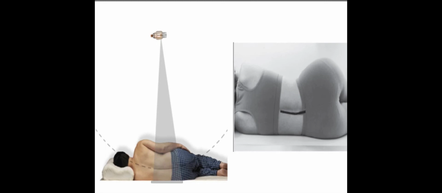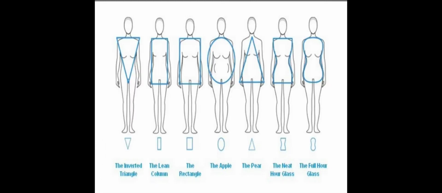This often occurs with a patient who has an inverted triangle shape, that is broad shoulders and narrow hips, or wide hips and narrow shoulders. We have apple, rectangle, lean column, neat hourglass, and full hourglass patients, and the rest.